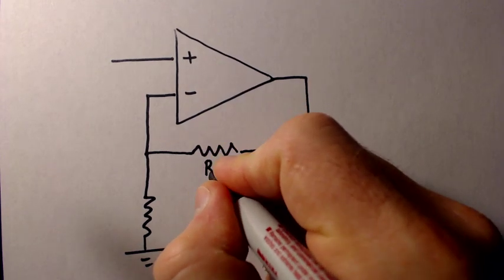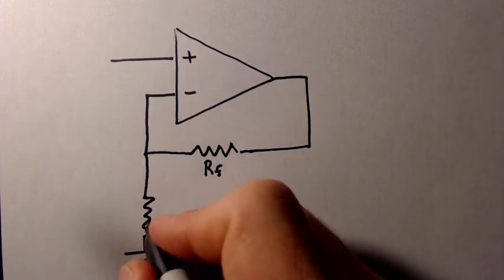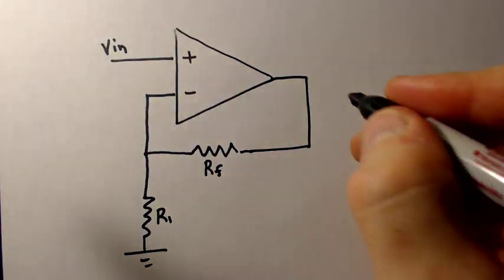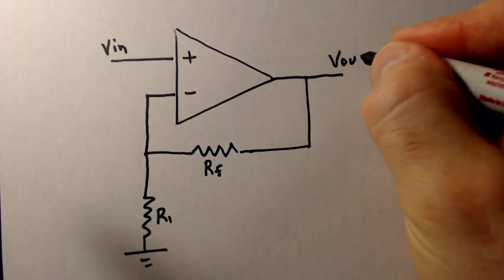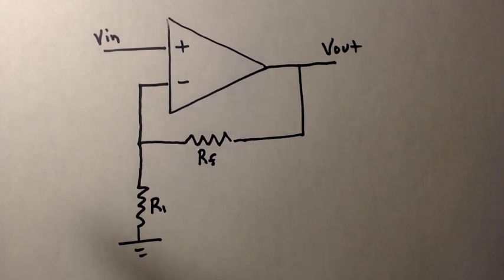We're going to call this our Rf feedback resistor, and this we'll call R1. And over here we'll label this as V in. Over here we'll label this as V out. Okay. Now I could give the equation for V out and just be done with it. But I think it is much more valuable if we figure it out using our two rules.